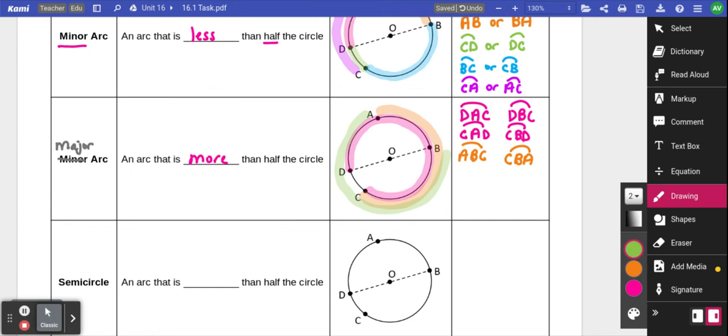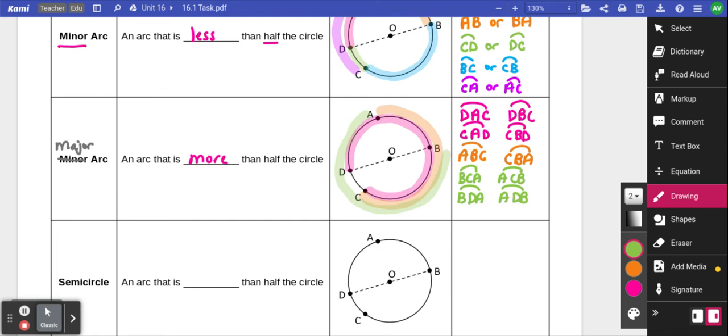So I could name that one BCA or ACB, or I could call it BDA or ADB. You'll notice A and B are both the beginning and the ending letters, and we're just picking any other letter from in between.